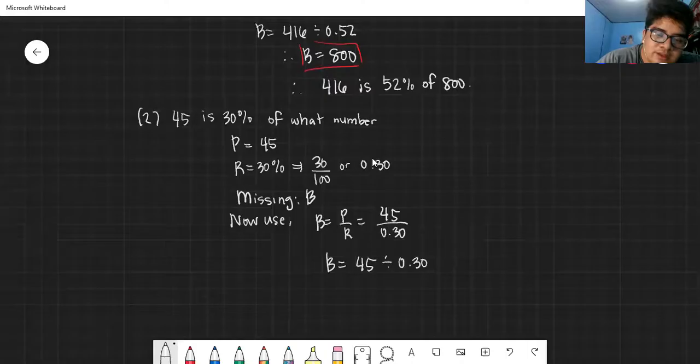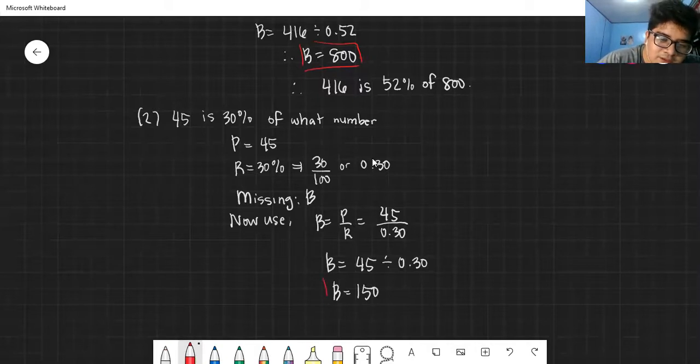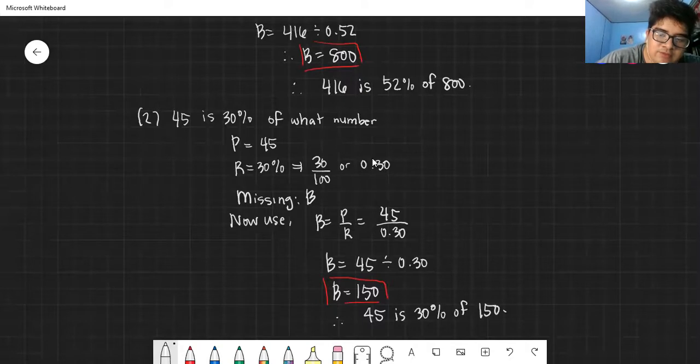So B is just equal to 150. And therefore, another construction: 45 is 30% of 150. Basically, that's all it is. Right? Okay? Now, very good.